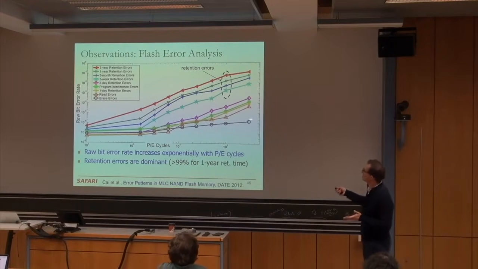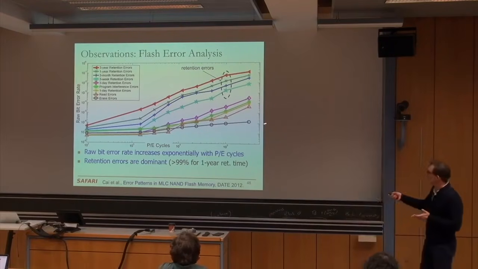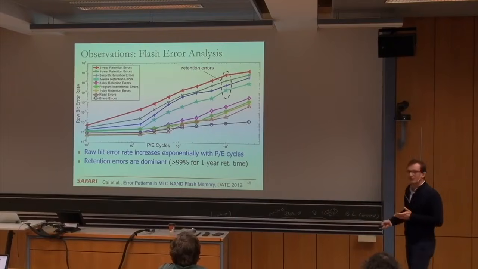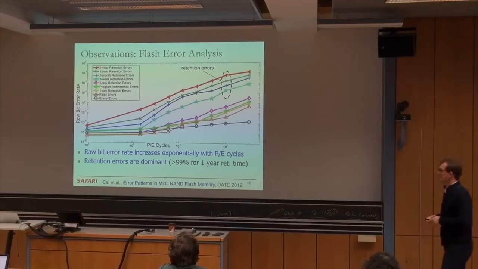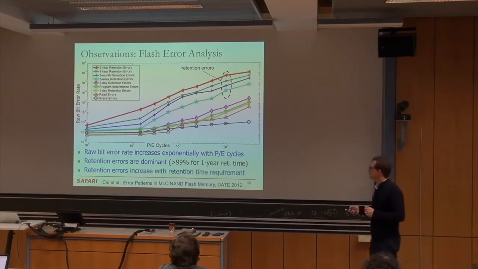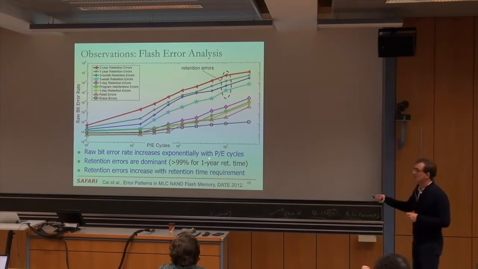So erase errors are actually relatively low, as you can see, but they're increasing also over time. But retention errors are the dominant. And if you actually want to read the data after 3 years, they're actually even higher. So actually all of these are retention errors. That's the first observation, which was actually very interesting at that time. Now it's not that interesting. But retention errors also increase with retention time requirement, as I said.